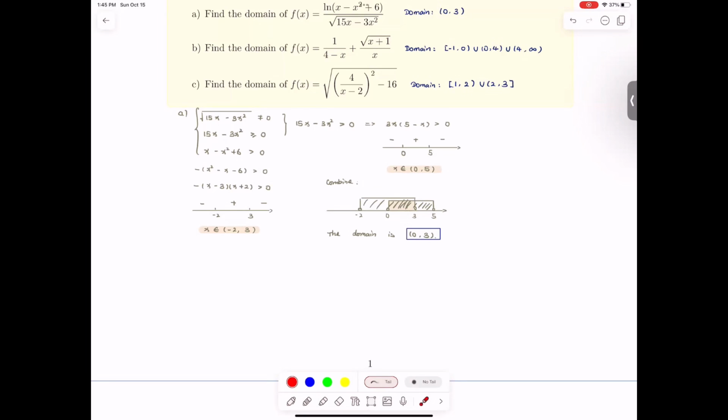We took account of this negative sign. When I do those, I multiply by negative already. You could remove it, but that's going to change this to negative. So everything's going to change. Okay. You could remove this, but if you remove this, then the sign is going to change to smaller than 0.